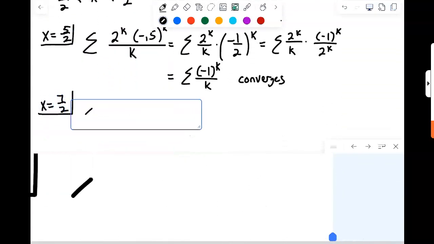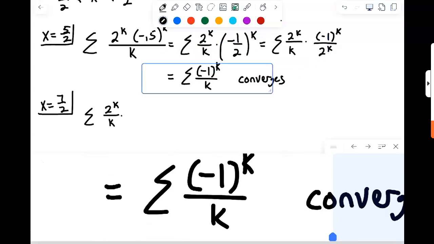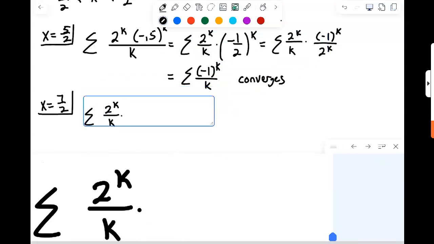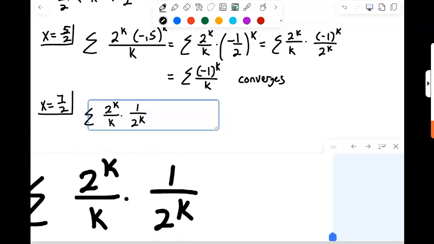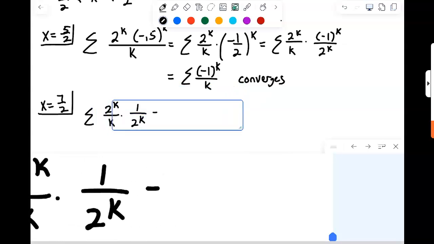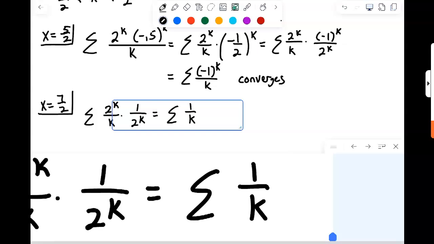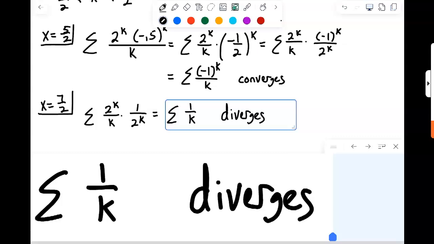So rewriting that, we would have 2 to the k over k, just like we had here, times positive 1/2 to the k, which would be the same as 1 over 2 to the k. And so, of course, that's just going to be the series of 1 over k, which we know diverges because that is the harmonic series.